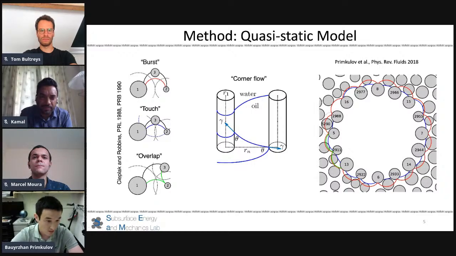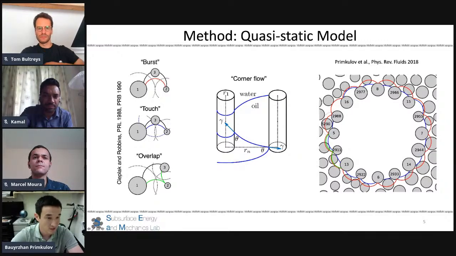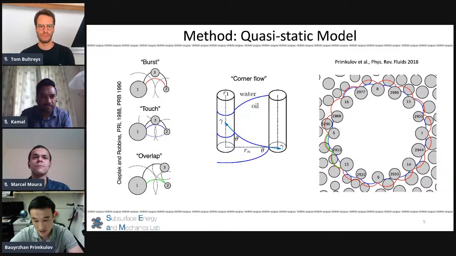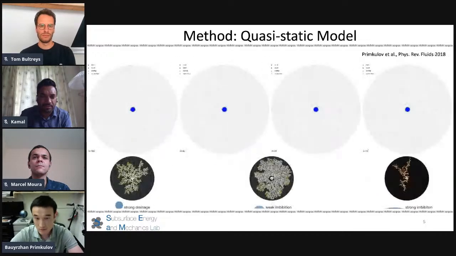By doing that, you can turn the model of Cieplak and Robbins into an invasion percolation model, where you invade the pores with the lowest capillary entry pressures in a manner that's appropriate for these three events. So we implemented those three events, and we added a corner flow to account for the third dimension. We were able to reproduce reasonably well the experimental patterns from the benchmark study.